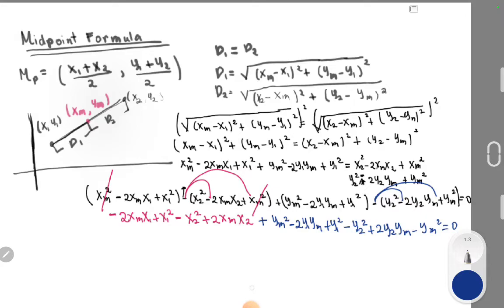Take note that ym squared minus ym squared will be equal to 0.